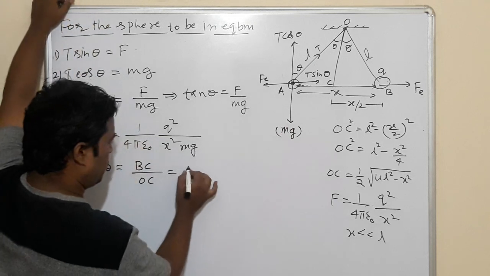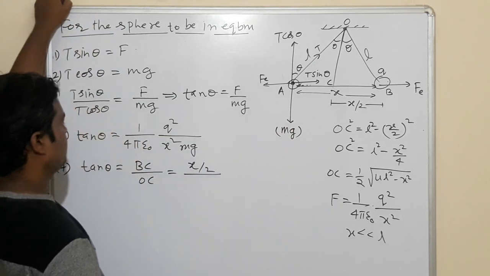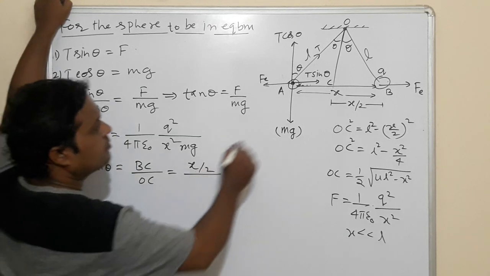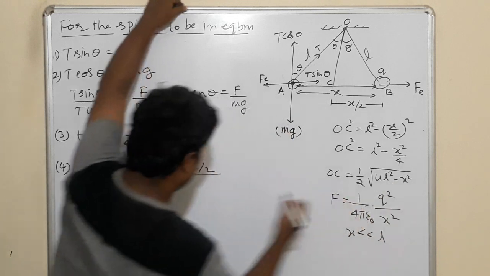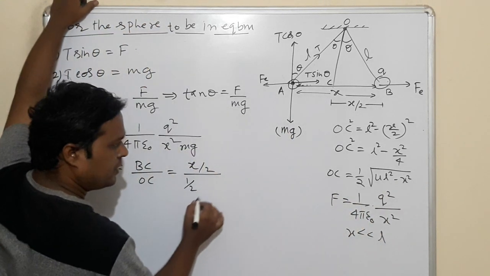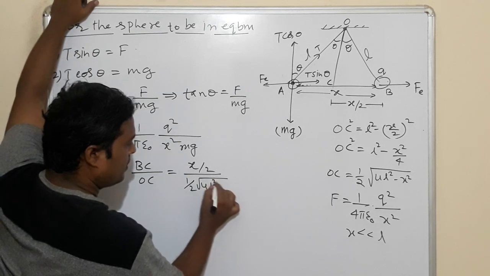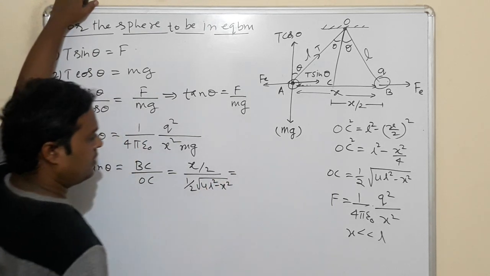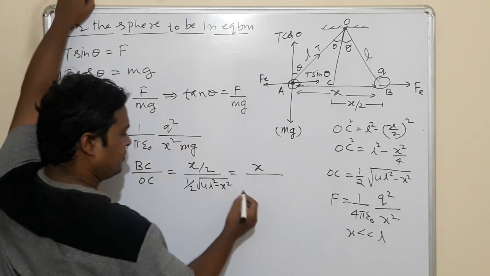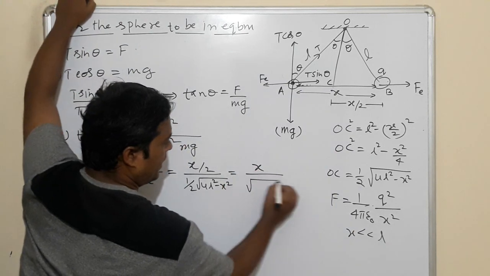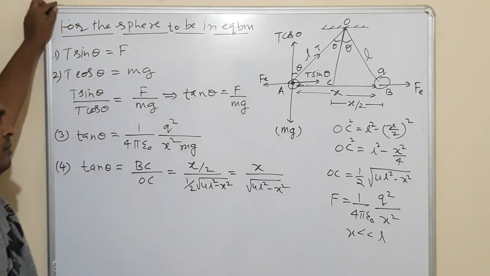Opposite by adjacent, this will be equal to, what is opposite? This is x by 2, divided by adjacent, OC. OC I have written earlier here. This will be half root of 4L square minus x square. Half gets cancelled. I will get x divided by root of 4L square minus x square.